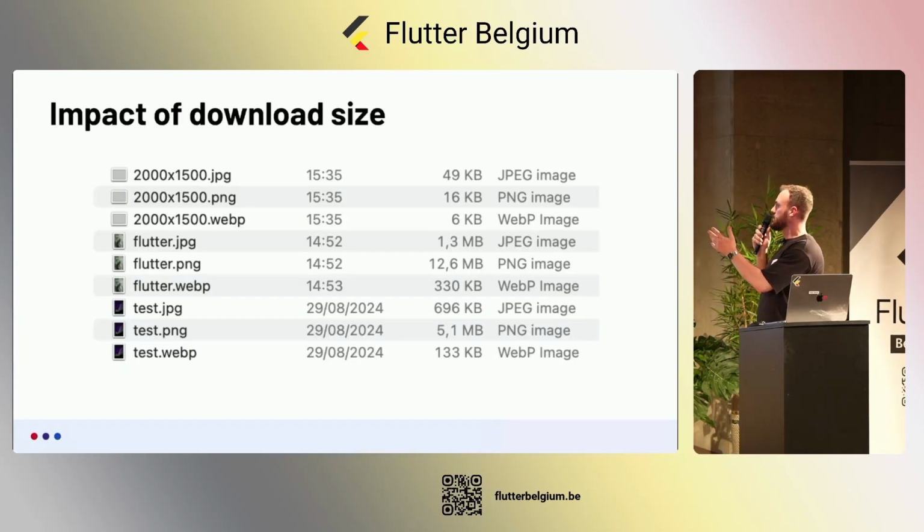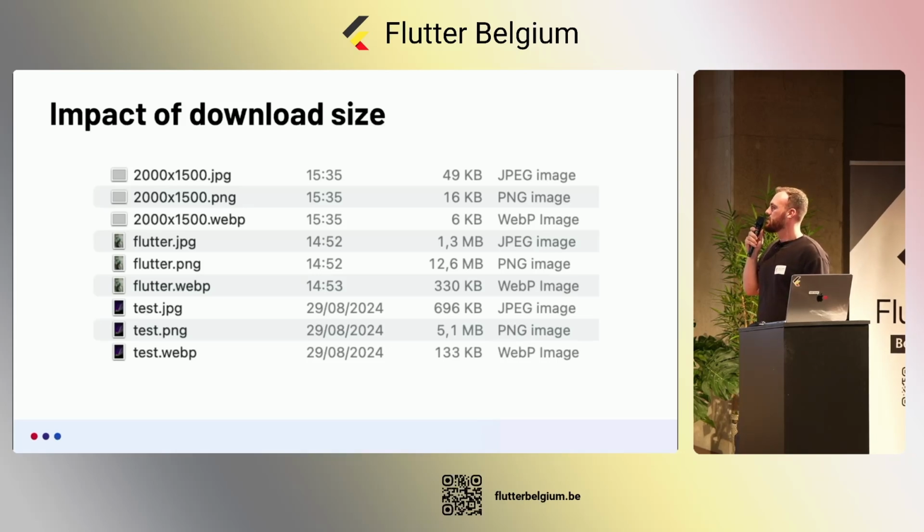So this is the impact of the download size. On the top you see a placeholder that just has 2000 by 1500 in there, but most of the pixels are just gray. There you can see what I meant earlier. You have a JPEG with 49 kilobytes, a PNG which is actually smaller at 16 kilobytes, and a WebP image of 6 kilobytes.